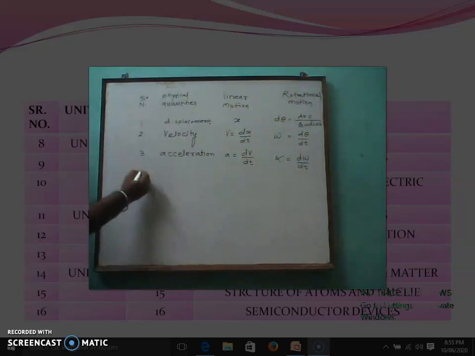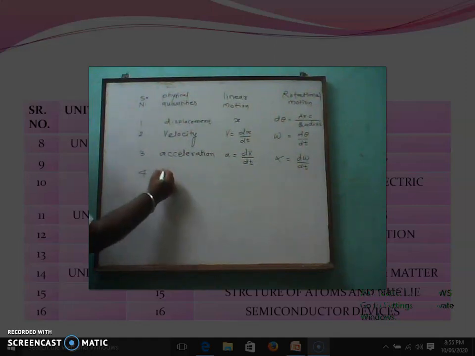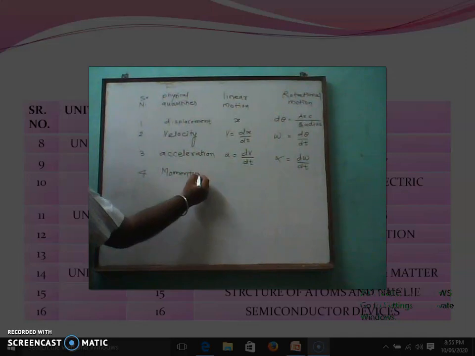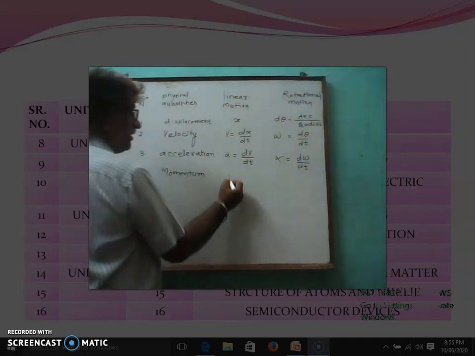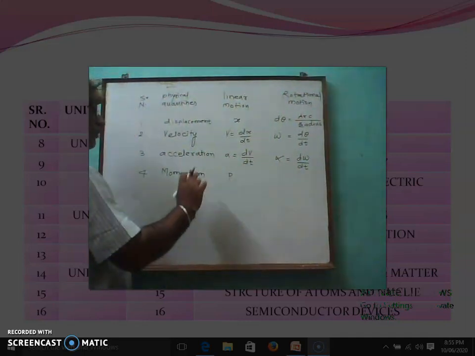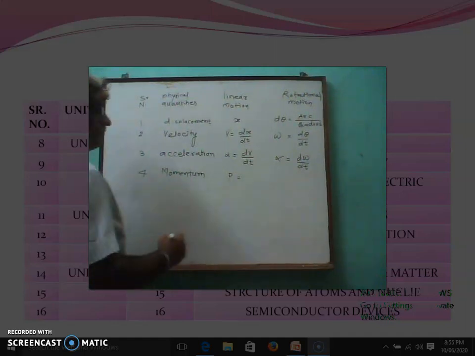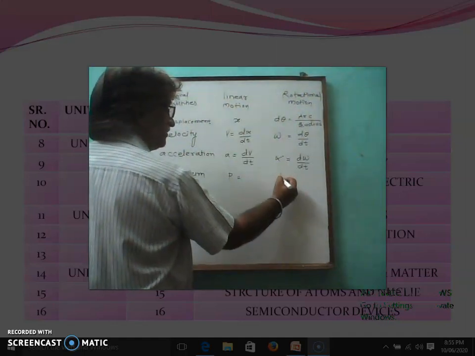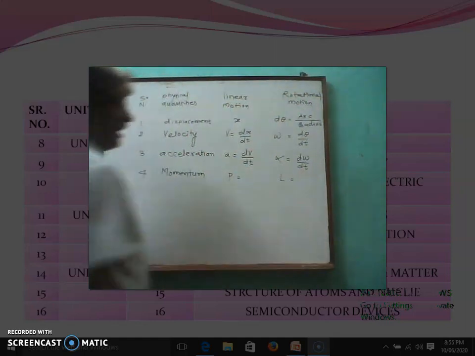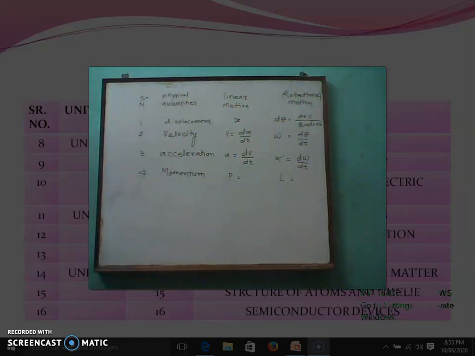Then the fourth quantity is momentum. In linear motion, linear momentum is denoted by P, whereas in rotational motion, angular momentum is denoted by L.